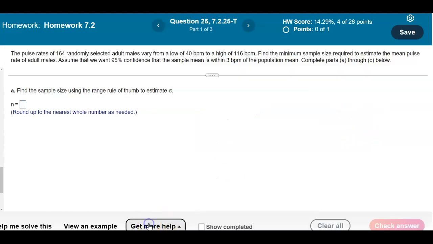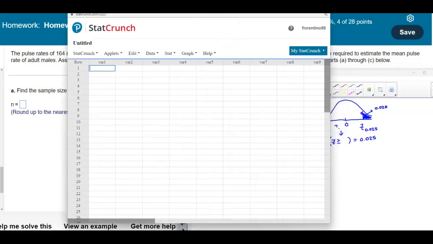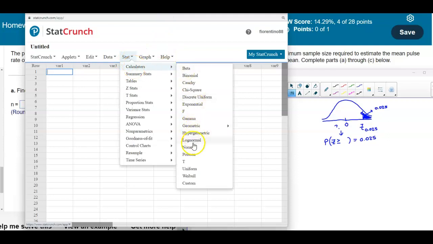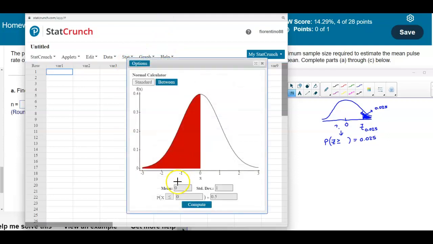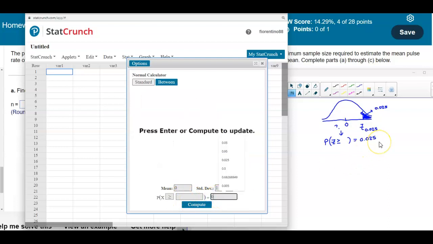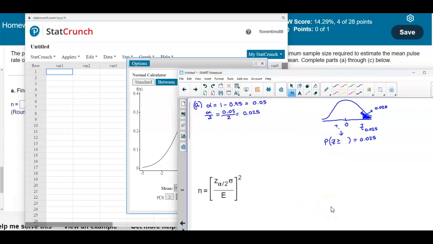Let's use StatCrunch to determine that critical Z value. We go to Stat, Calculators, and then scroll down to Normal. We want to make sure we have greater than or equal to because it's in the right tail. We're looking for the Z-score, so we put in the area of 0.025, and we get, rounded to 2 decimal places, 1.96.